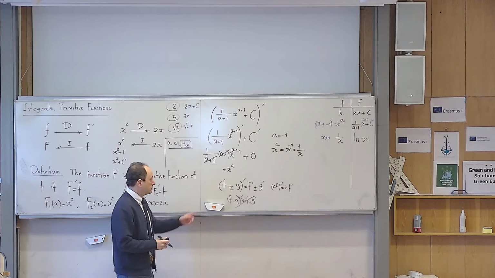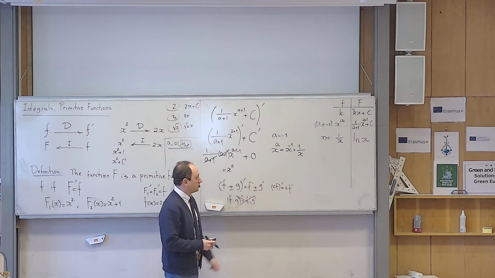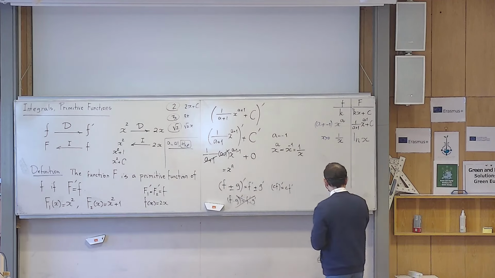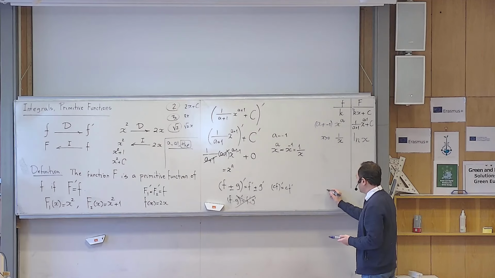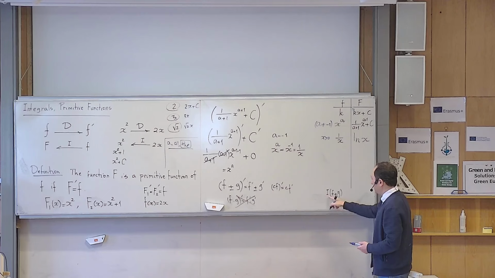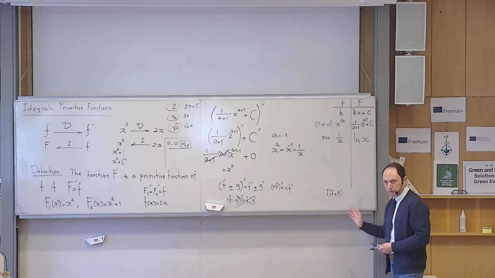Yes? So these three rules have analogs for the primitive function. So I write it with I, okay? I want you to write these things as well, even though it is not in the book, but they are using it without mentioning it. So I means primitive function or integral. If I have two functions added, and I want to find a primitive function for the sum, I can do them separately.